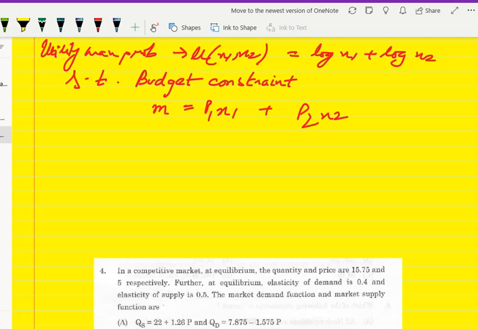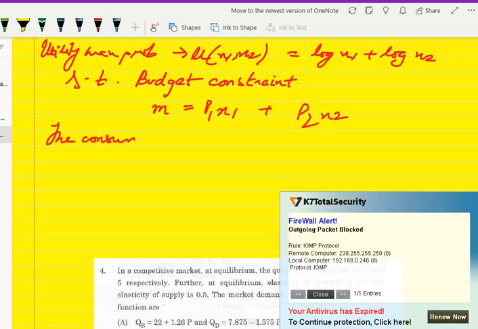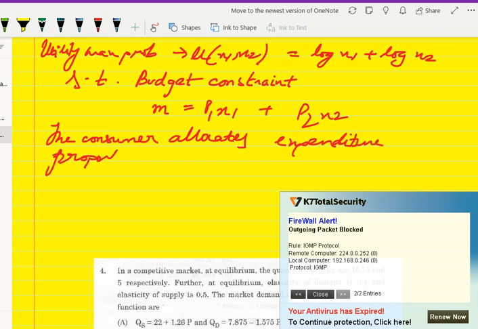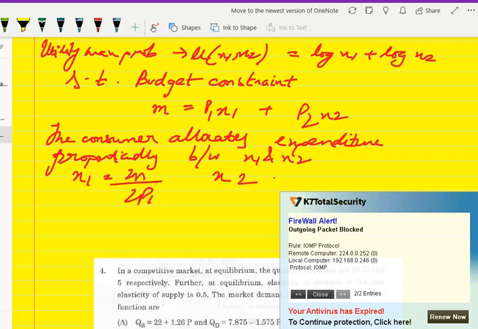Now the consumer allocates expenditure proportionally between x1 and x2. So x1 will be M by 2p1 and x2 will be M by 2p2.